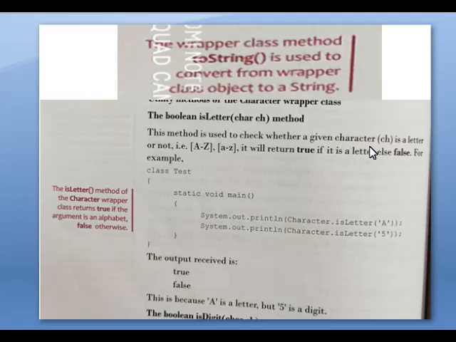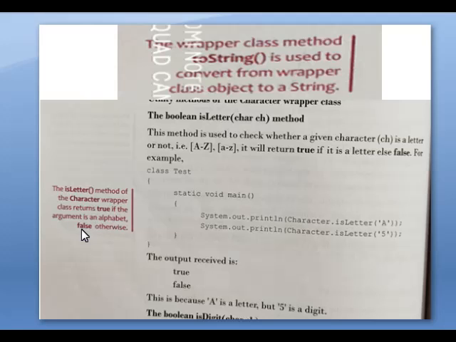It will return true if it is a letter, else it will return false. The isLetter method of the Character wrapper class returns true if the argument is an alphabet, false otherwise.